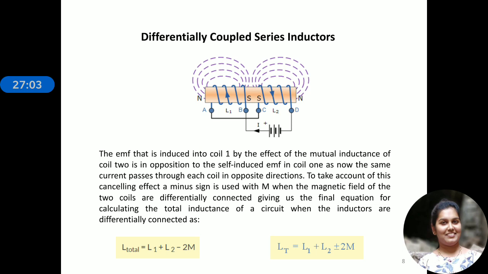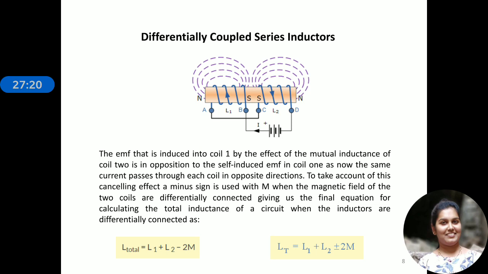The EMF that is induced in coil 1 by the effect of mutual inductance of coil 2 is opposite to the self-inductance EMF in coil 1, as now the same current passes through each coil in the opposite direction.